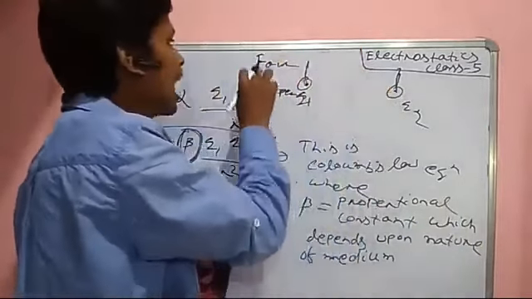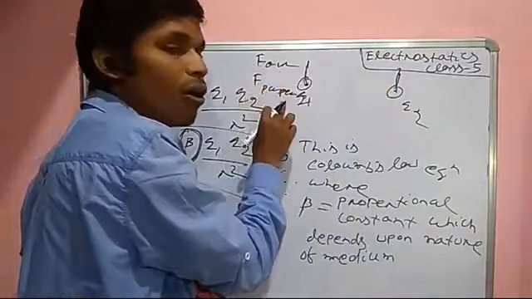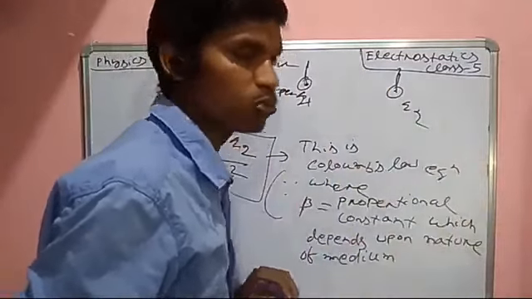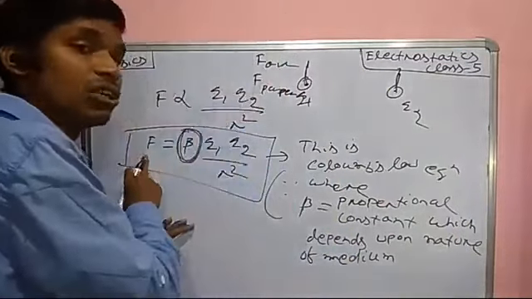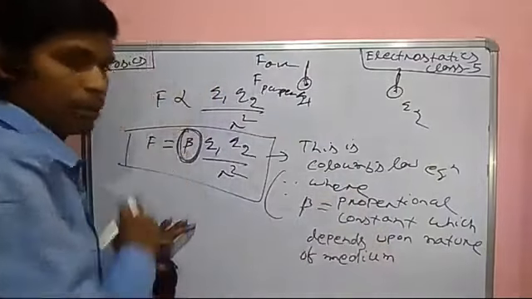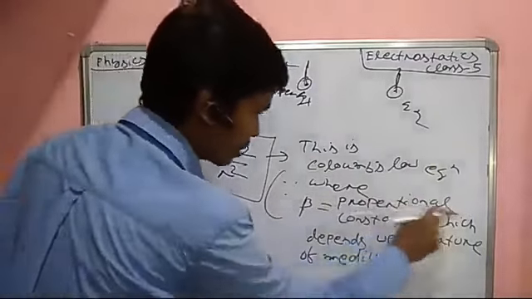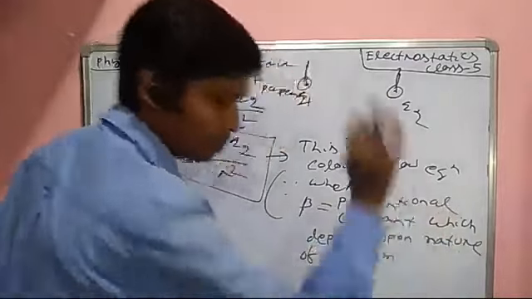In that case, F air and F medium are not equal. So F also depends upon beta. That means beta is a proportionality constant which depends upon the nature of the medium.